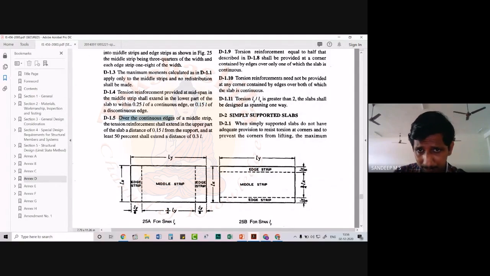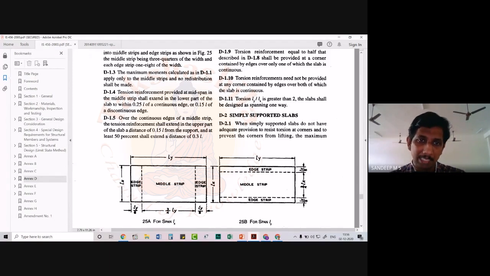Over the continuous edge of a middle strip, the tension reinforcement shall extend in the upper part of the slab 0.15 L from the support, and at least 50% shall extend to a distance of 0.3 L. So basically, when we have a continuous edge, right now we have taken up a problem which has discontinuous edges on all the sides. So there can be cases where we have continuous edges.